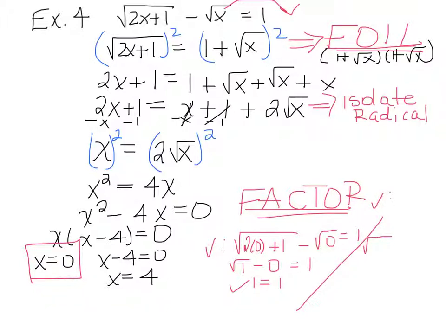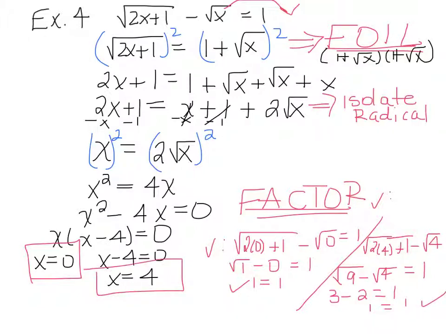The square root of 2 times 4 plus 1 minus the square root of 4. So I'm going to get square root of 8 plus 1, which is square root of 9. Trying to see if this equals 1. So 3 minus 2. So 1 equals 1.